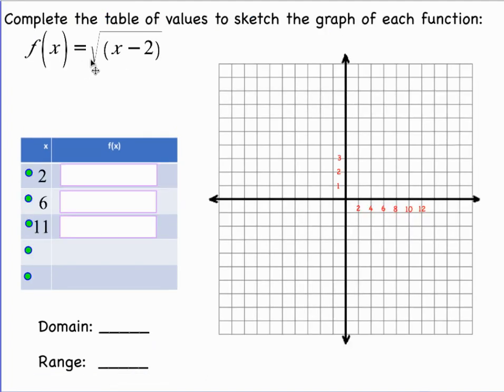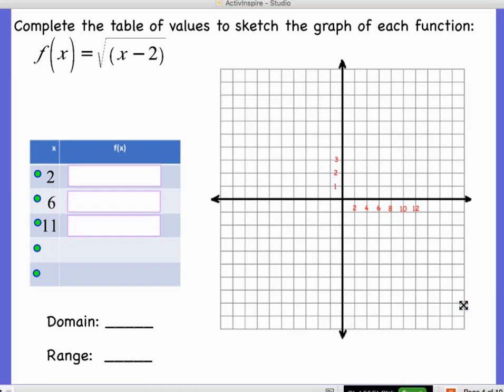Here we have f of x is equal to the square root of x minus 2. So this is going to be a translation on the x-axis. So what happens is, since I have to take the square root of x minus 2, I need to first figure out what the domain is going to be, to figure out the values for which x minus 2 is going to be greater than or equal to 0, because that's going to restrict us from getting a negative inside of the square root sign.